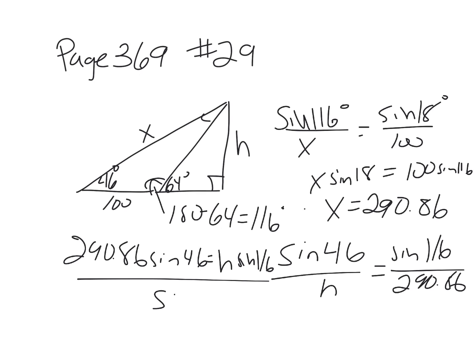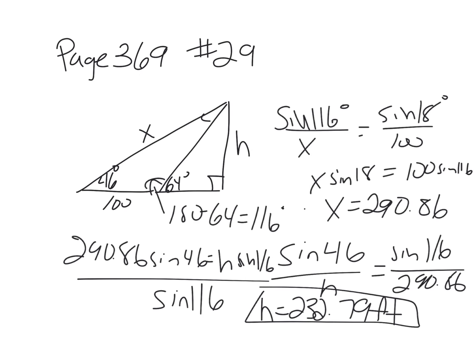And divide both sides by sine of 116, and you'll get h is equal to 232.79. The units here, was it feet? Yes, it was feet, so feet. There we go. That's how you solve that one.